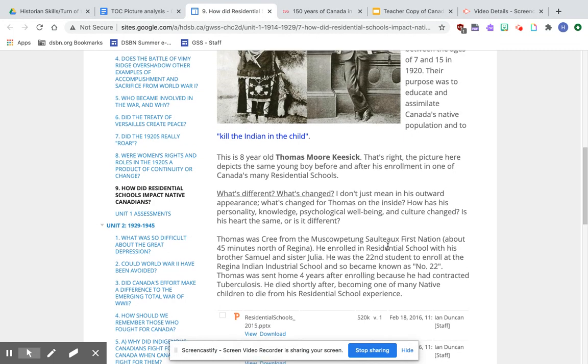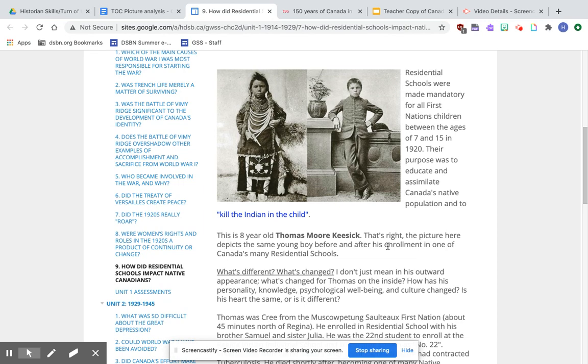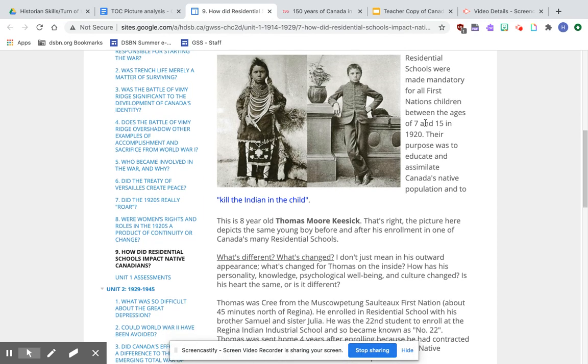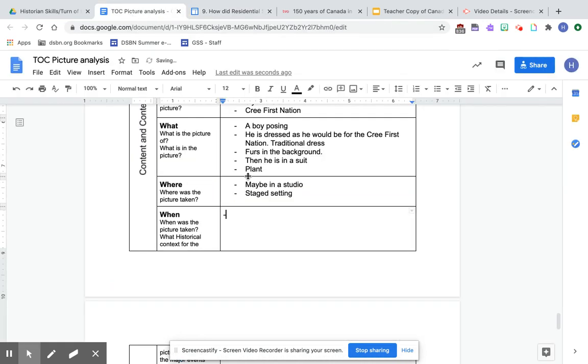Okay, so it doesn't give us an exact date when it was taken. We see that it tells us a little bit about residential schools. So I'm going to give a little more broad picture, and say during the time of residential schools.